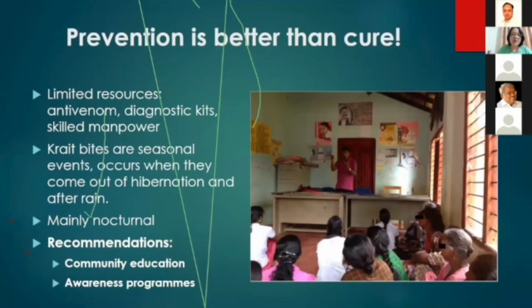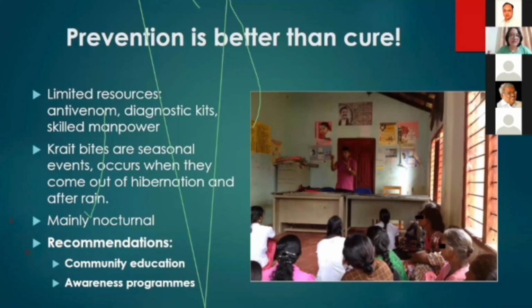So, having discussed the management, the antivenom, the complications and everything, I still want to focus on the prevention part. Prevention is always better than cure, because in our setting, we have limited resources. Whether it is antivenom or diagnostic kits or skilled manpower, we are very limited in resources.